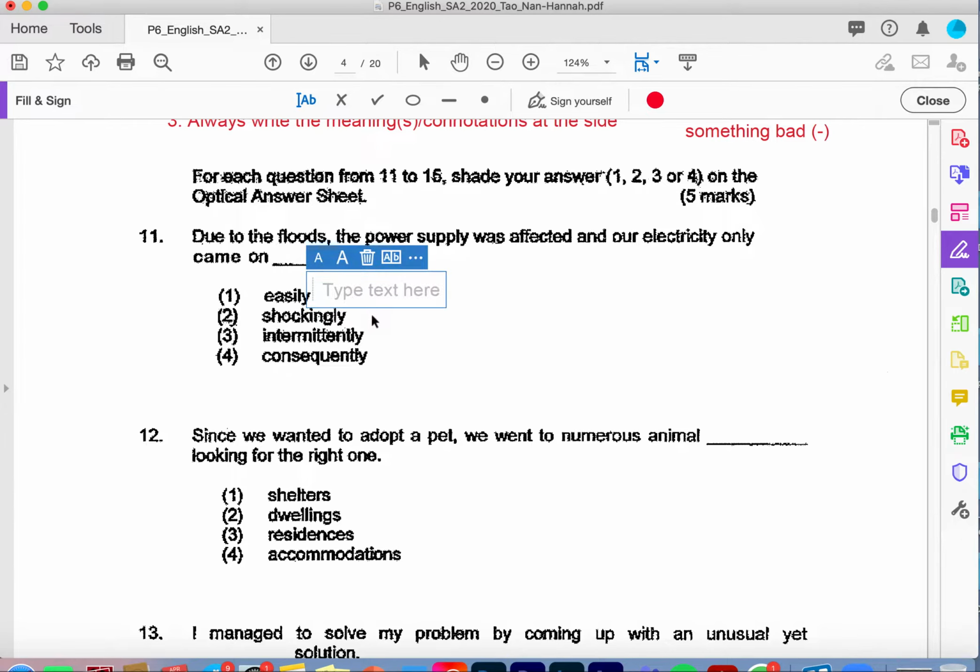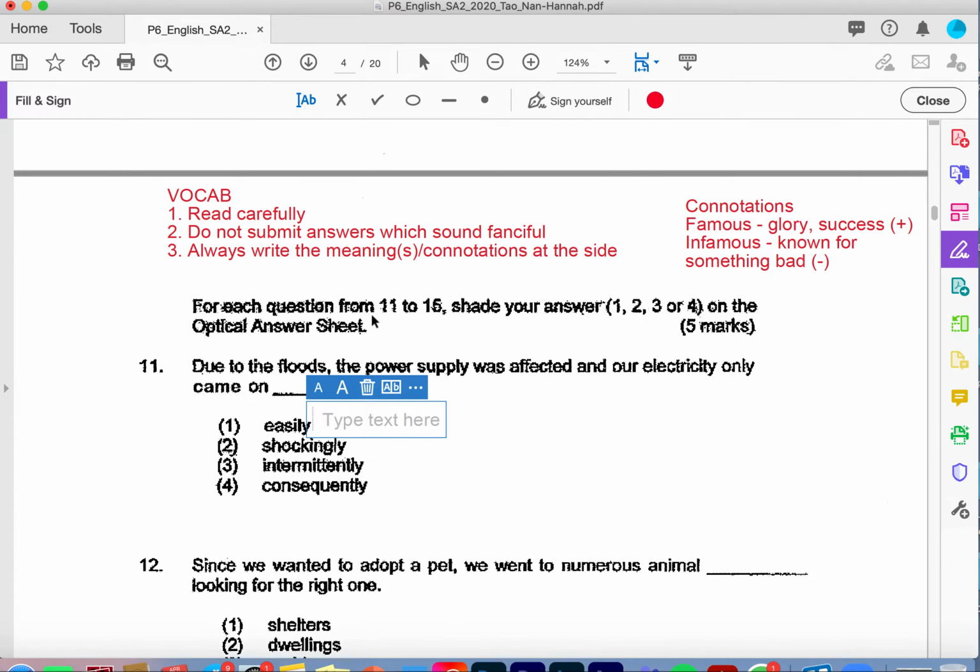No, easily means that, okay, let's go through again. Easily means having little to no effort. Little to no effort was required. Okay?